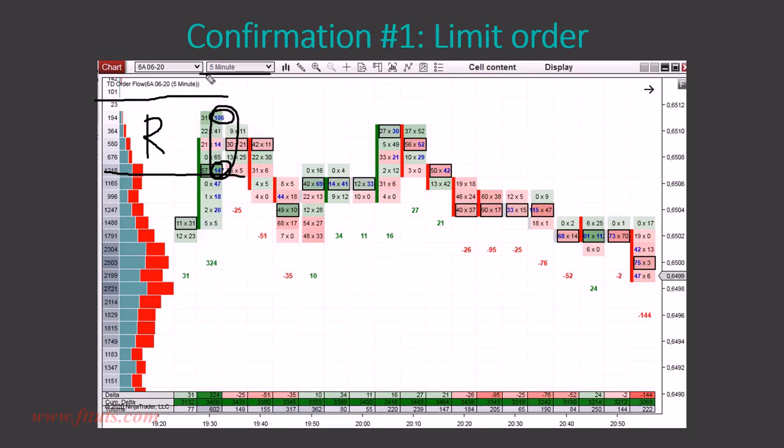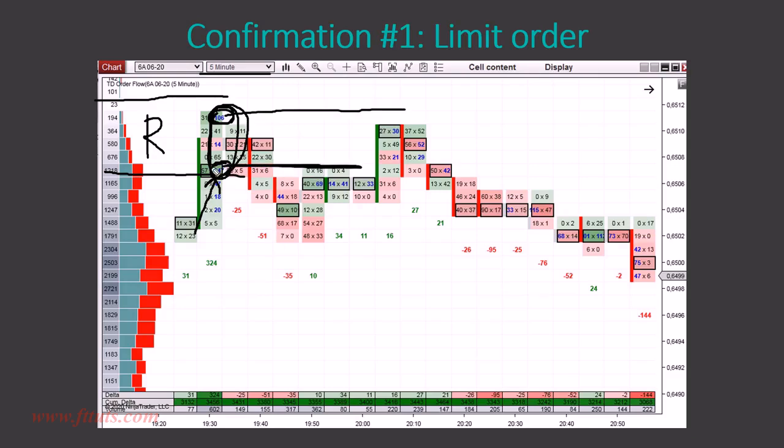Now this is a 5-minute chart and all this can happen really fast. So for example, as the price is advancing upwards, there could be the 147, then a few seconds after that 106 in here. So both of those can be confirmations, and if you enter a short somewhere from this area, it's all right. It doesn't need to be from here, it can also be from here, all right?